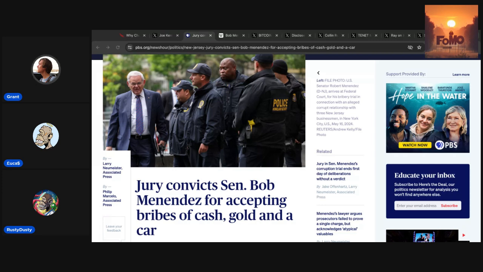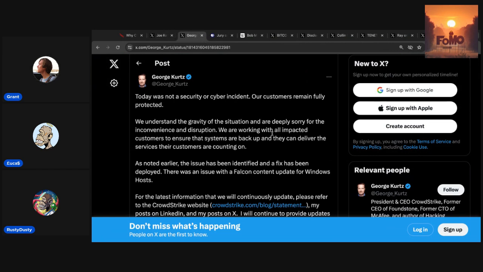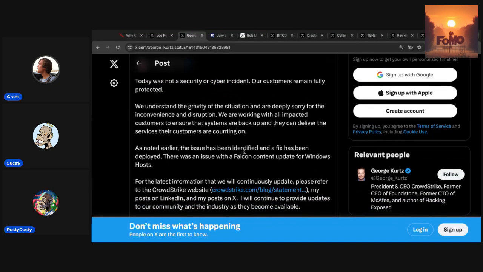But they didn't say anything. Here's the CEO, on X, talking about the particular issue. He's saying it's not a security or cyber incident. It's just, we pushed a bad update. Right there, there's Falcon content right there.